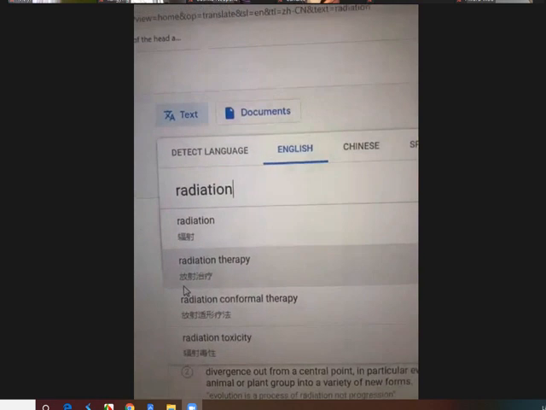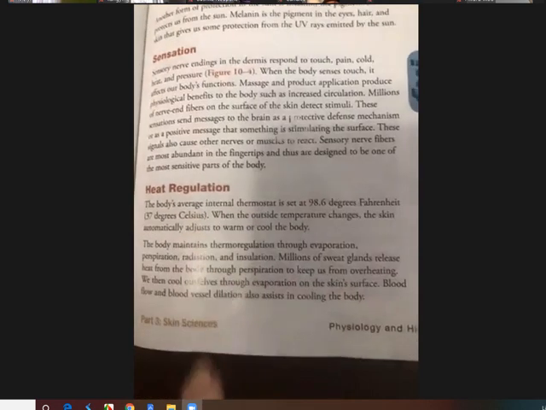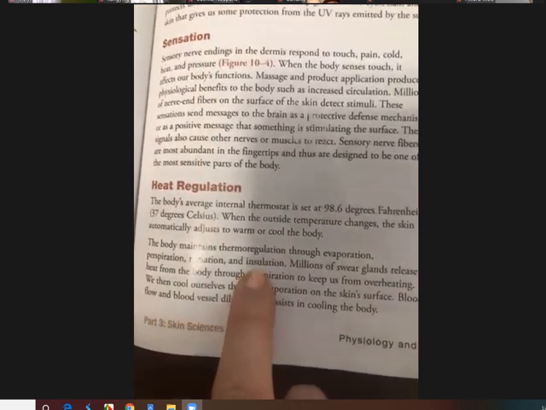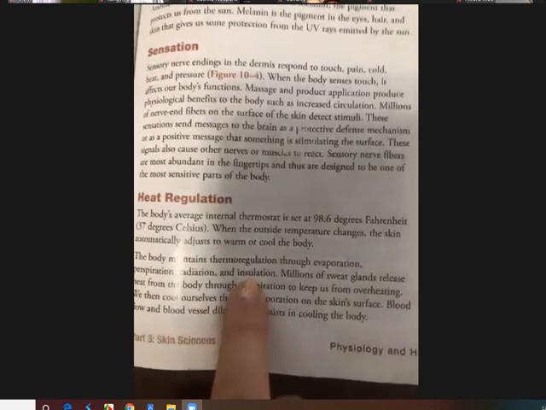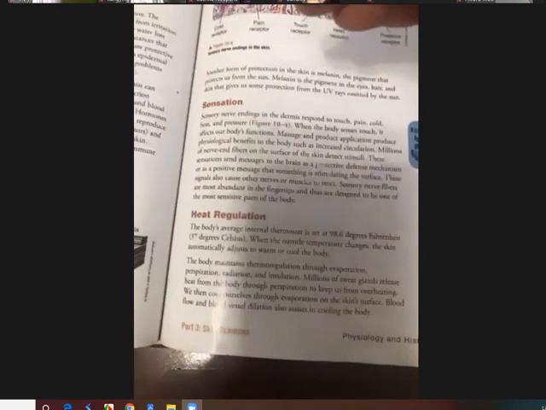Radiation 辐射. Insulation means to protect, to keep. When you see the word insulation, it means there's a layer of something that protects you from losing heat.